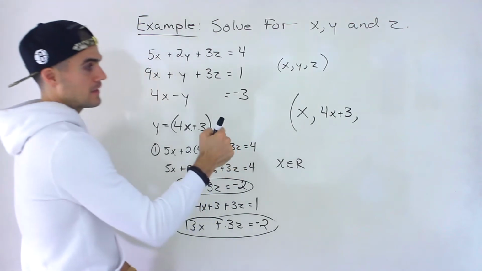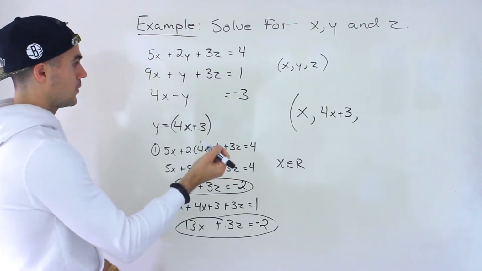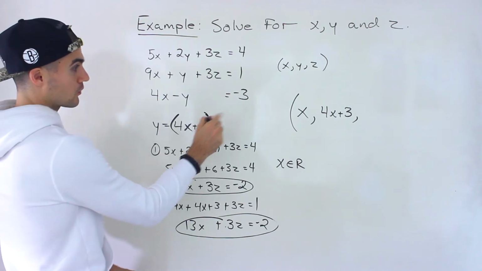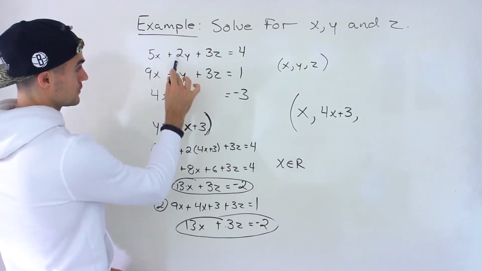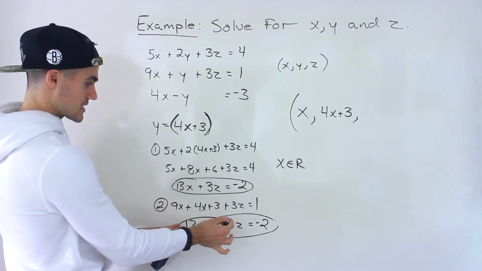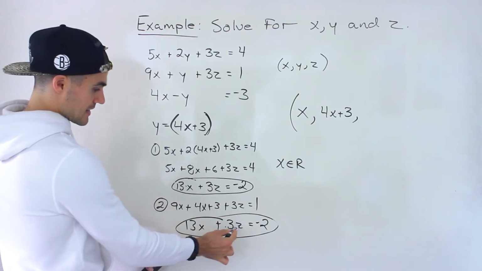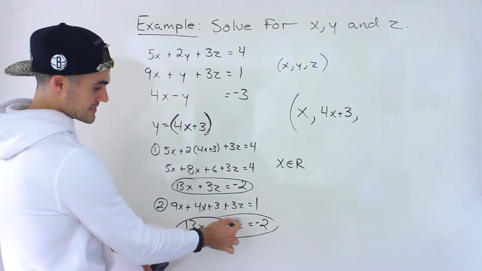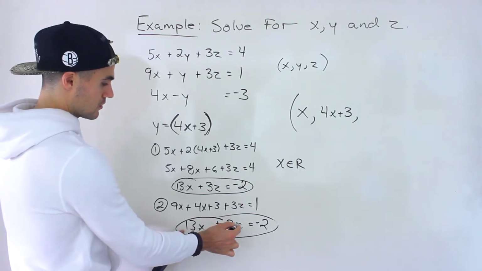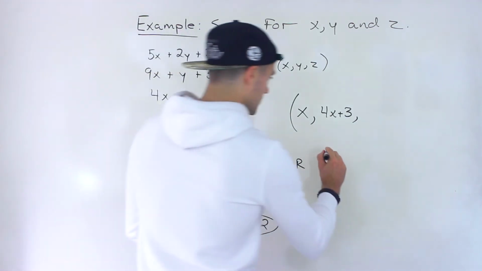And then what if we were to make the z in terms of x? Well, a couple of ways we can do this. We could take this, because we have the y already in terms of x, and plug it into an equation. Another thing we can do is take one of these equations, and notice that we just have z and x here. We can isolate for the z here. So if we do that, let me write this over here.